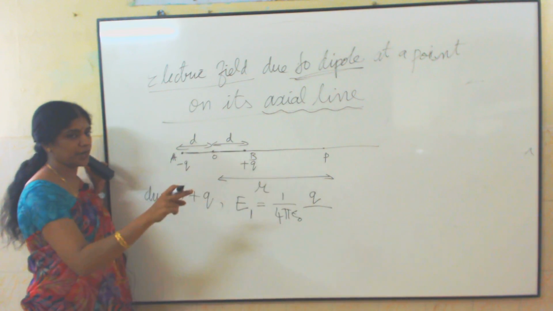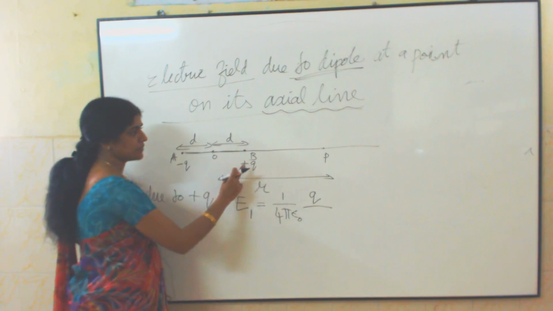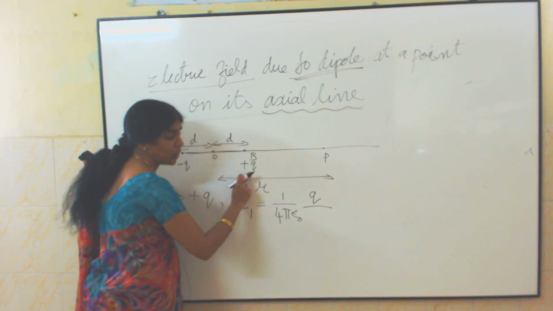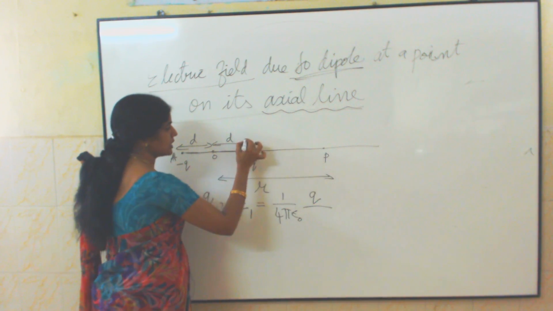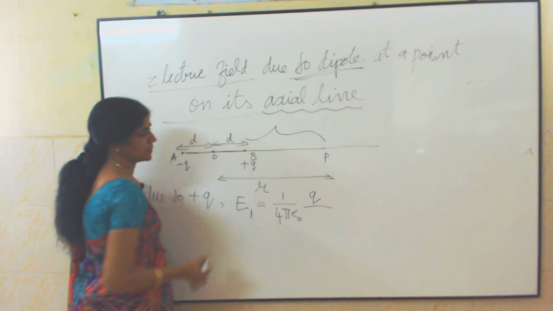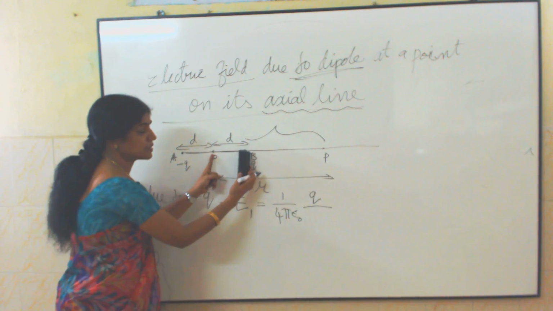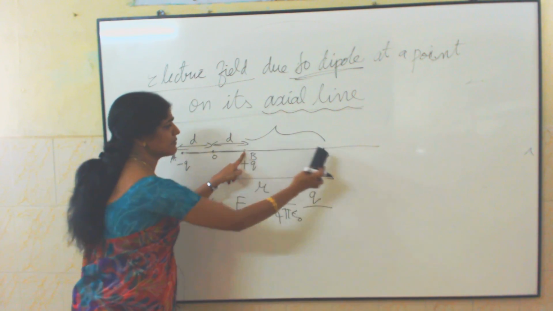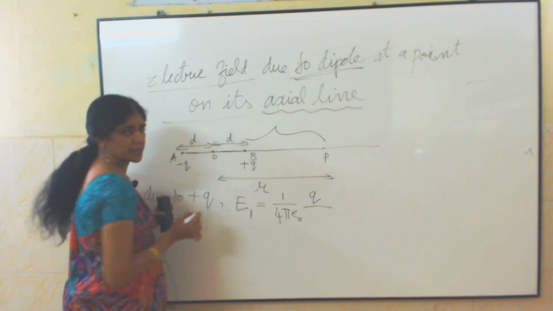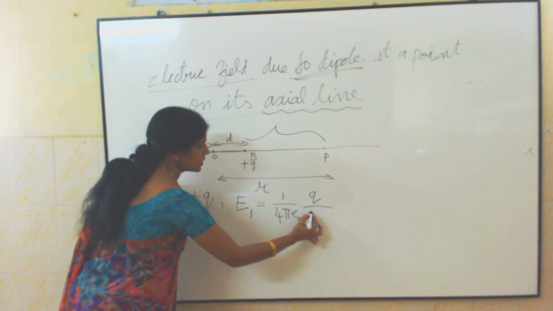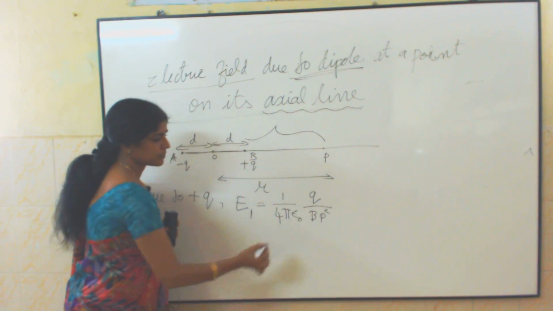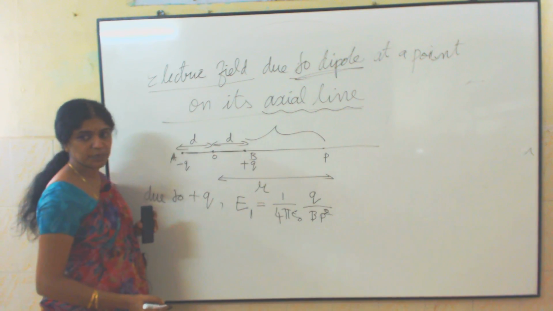Now, I want to find out the distance of separation between this charge Q and this point P. That is, I want to find out this distance BP square.